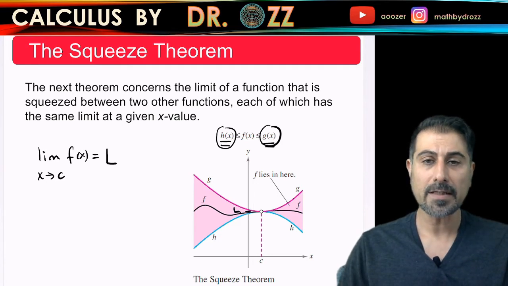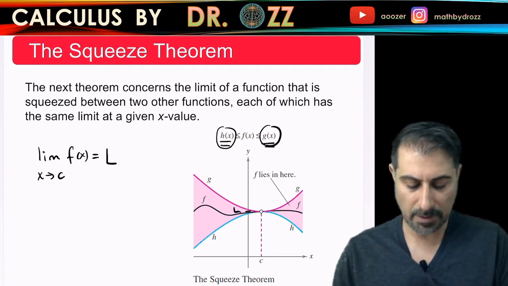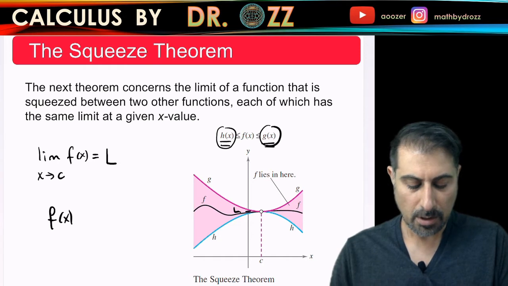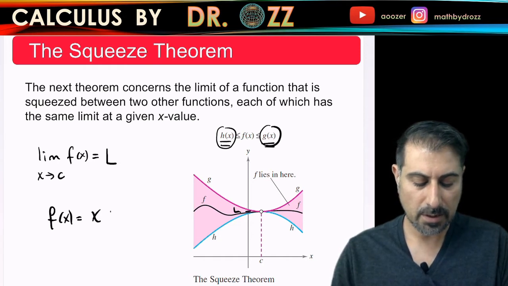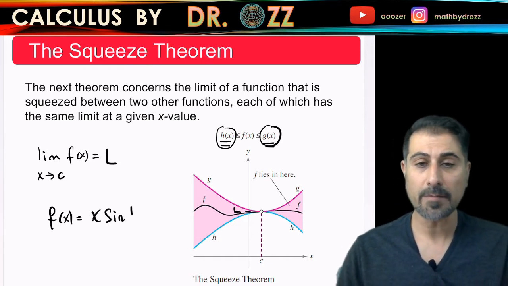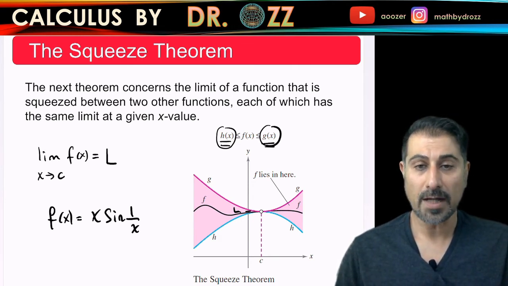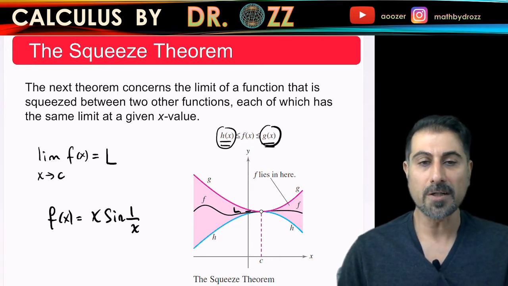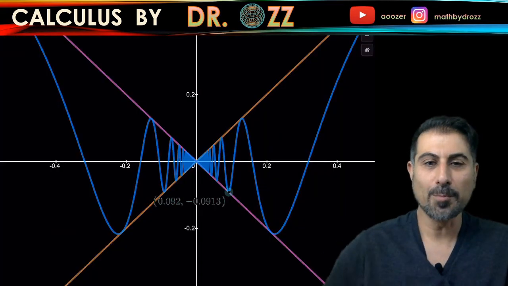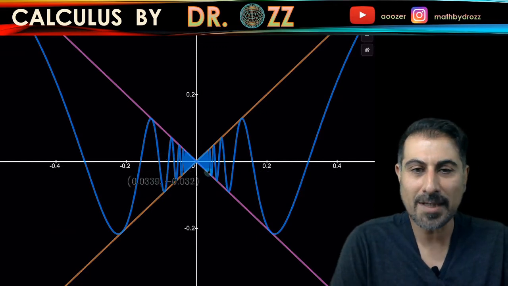A perfect example of this is the function x times sine 1 over x. I'm going to show you a Desmos animation to see why this limit is easily calculated by looking at two simple functions. The blue graph here is the graph of sine 1 over x.